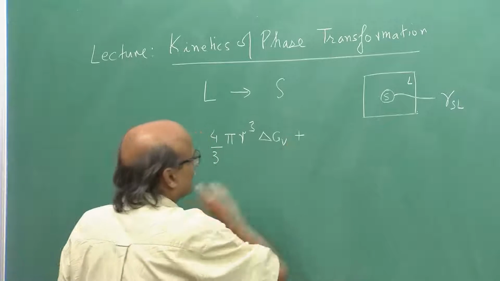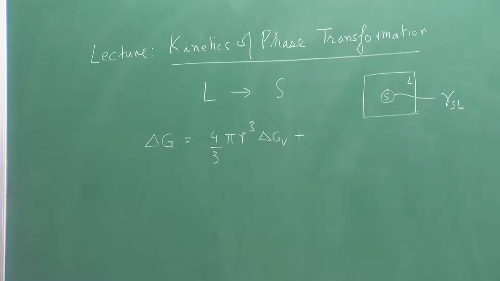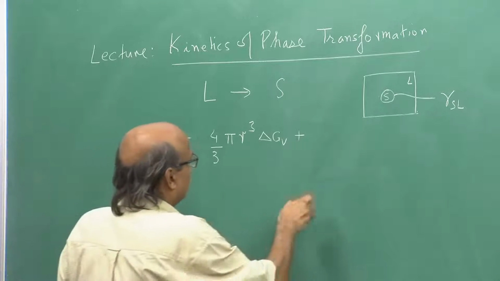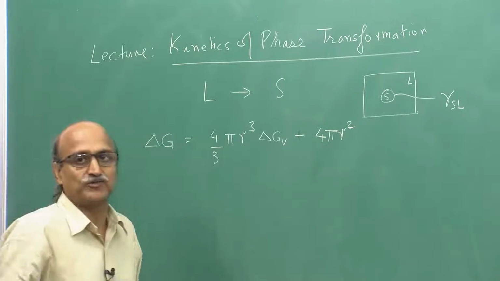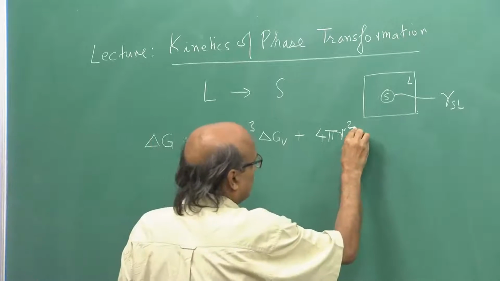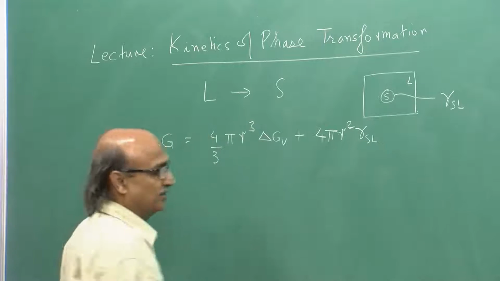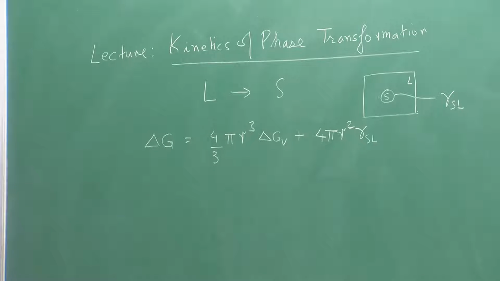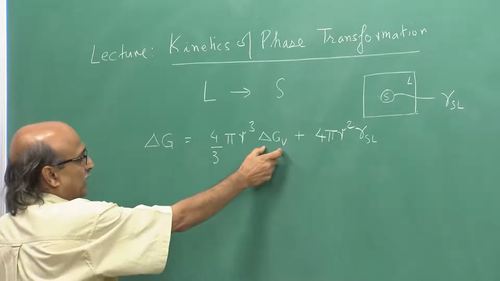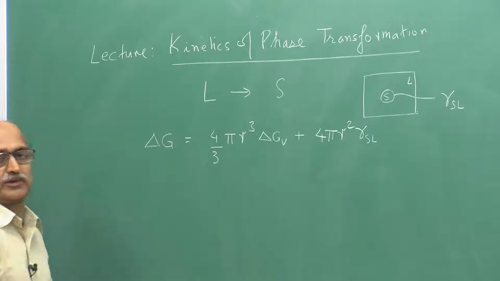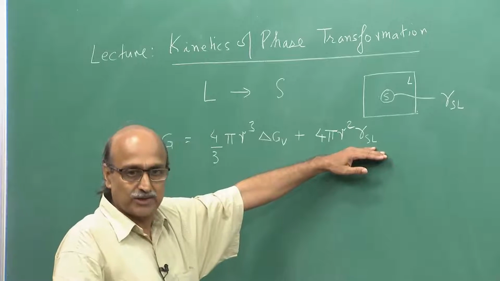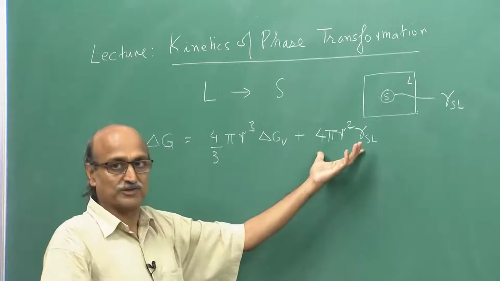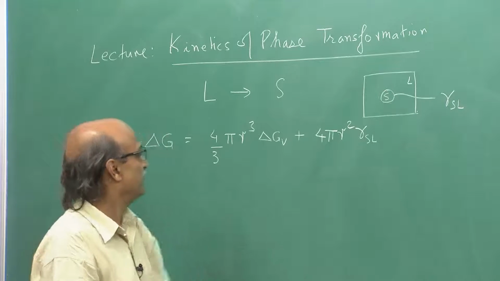and an additional term due to the solid liquid surface that is created also comes in, which is given by the surface area of the nucleus multiplied by the surface energy gamma SL. In these two terms, the transformation will take place or becomes feasible if delta G is less than 0. Now, the interfacial solid liquid energy is always positive, so therefore, this second term remains positive.